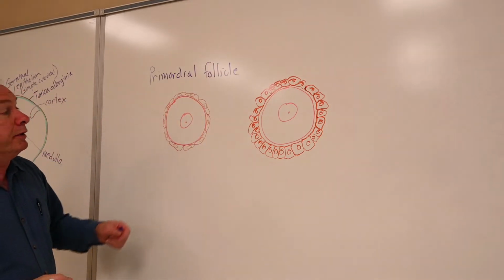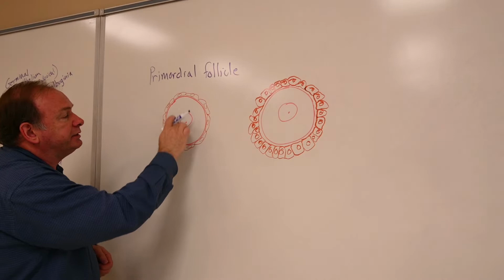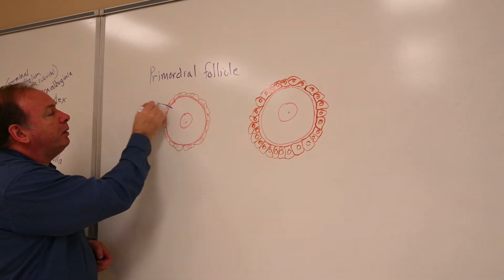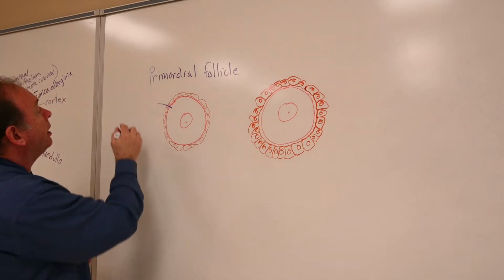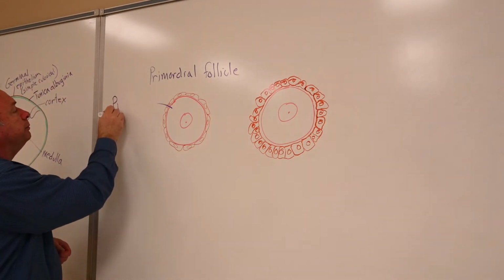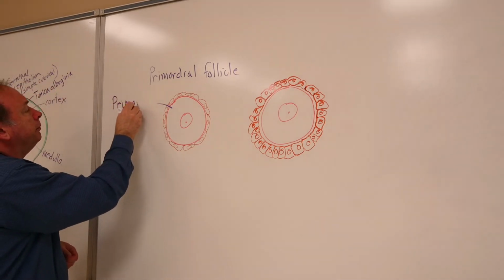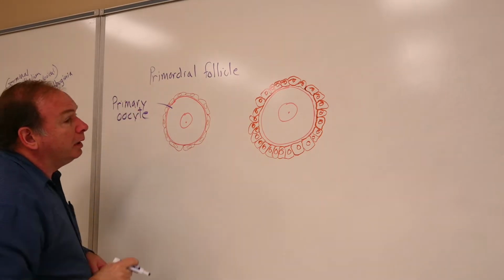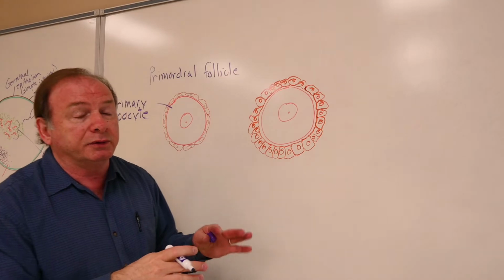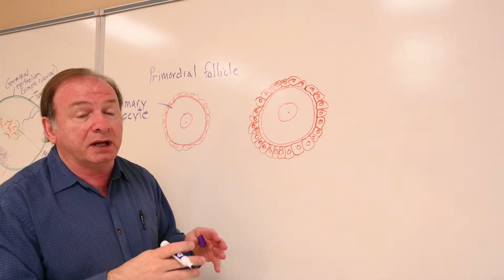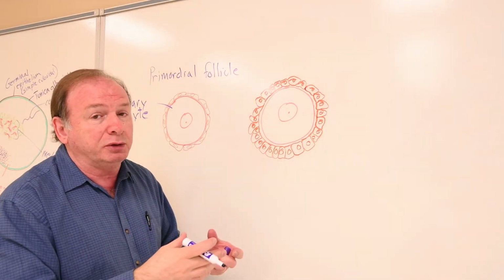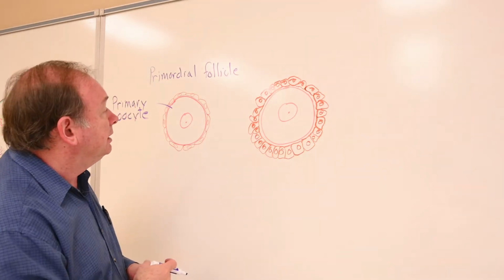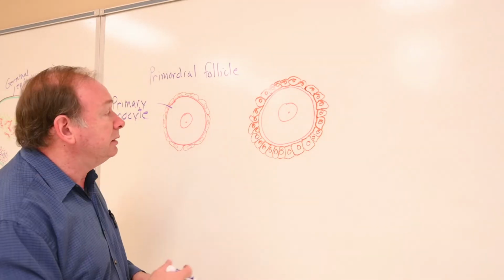In the primordial follicle, we have the large cell, the large nucleus, and the nucleolus shown in here. This whole thing is a primary oocyte. You recall with the male reproductive system, the primary spermatocyte was that cell that entered into the meiotic process, underwent the two meiotic divisions.